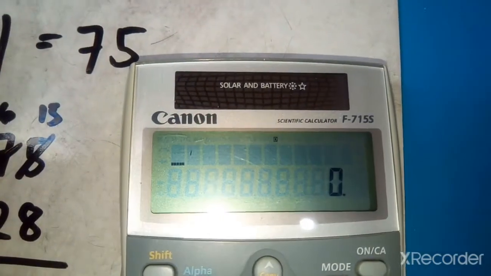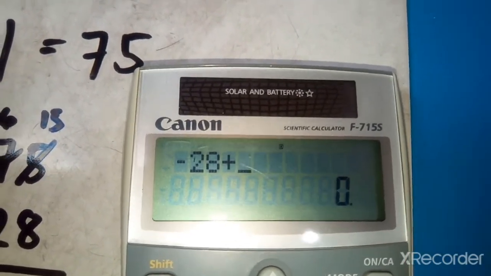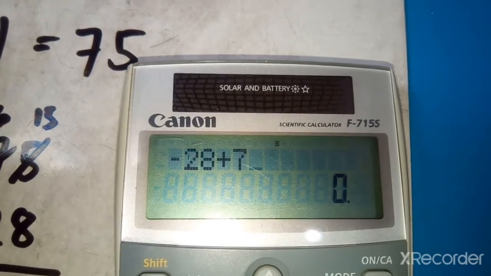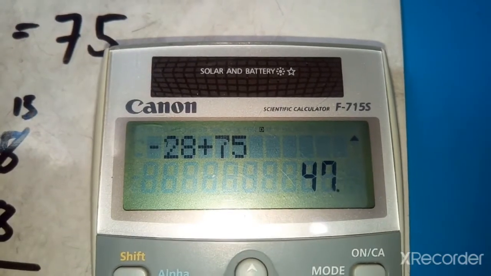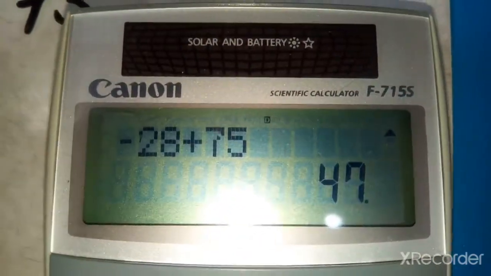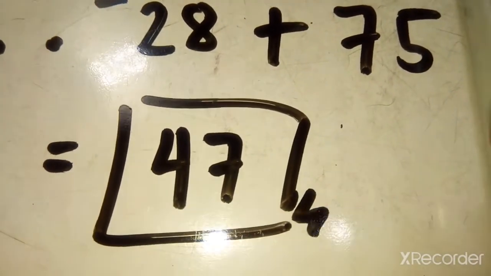So let's have negative 28 plus 75 equals 47. Okay, the result is 47. So our result is also 47.